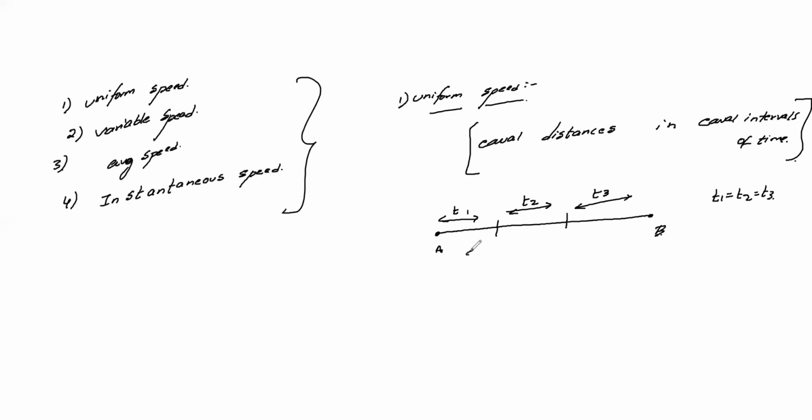For the displacements, I'll take S1, S2, S3. So equal distances in equal intervals of time we call uniform speed. Next is the second one, variable speed.